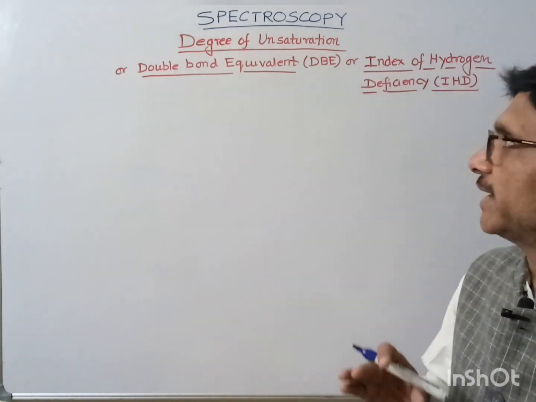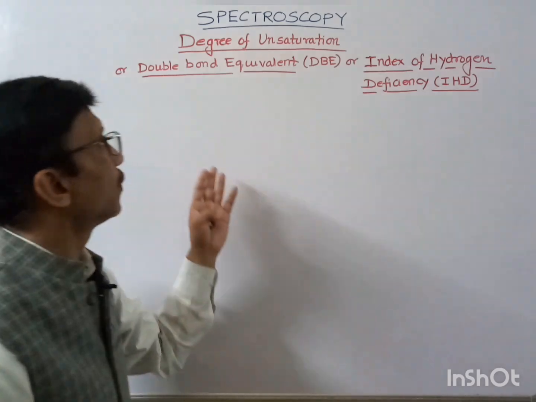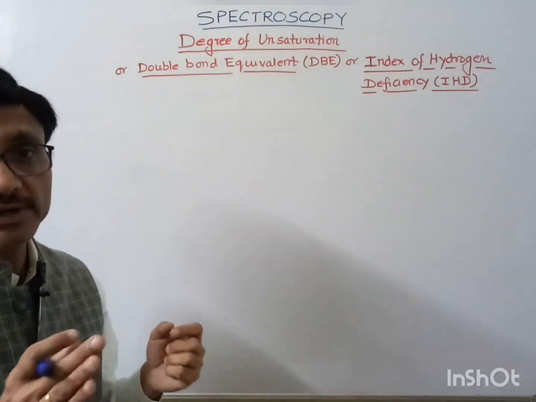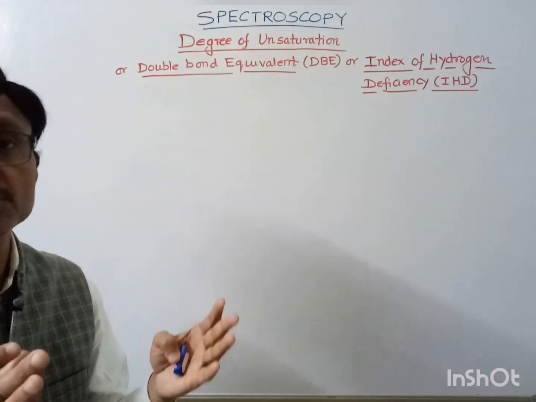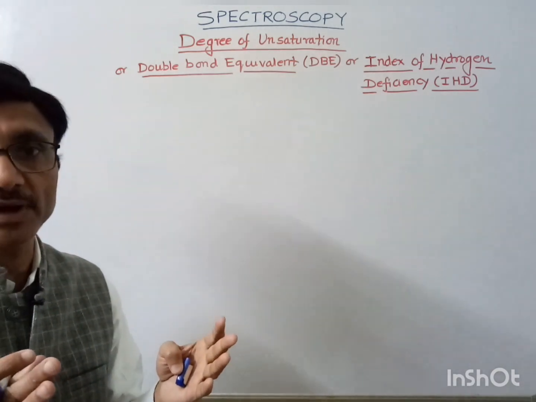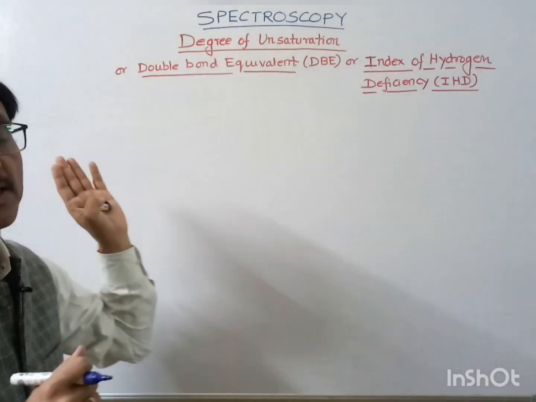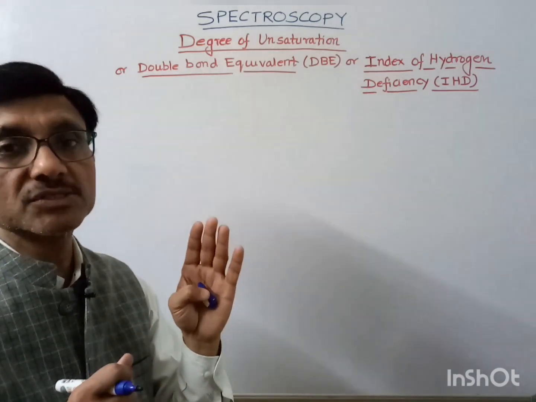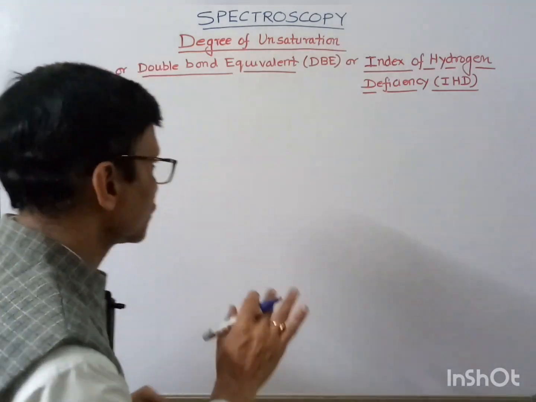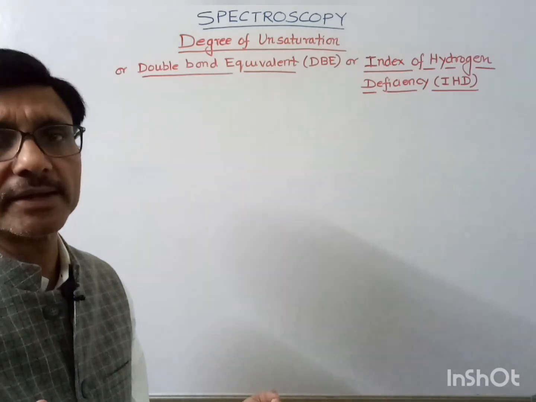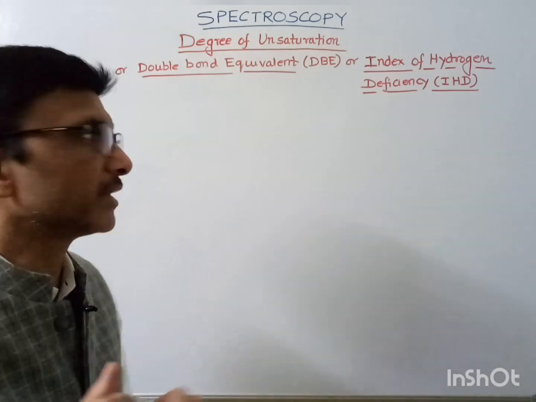This index of hydrogen deficiency or degree of unsaturation is the first step to determine the molecular structure of any unknown compound. It gives us a clue to determine the molecular structure. Like in spectroscopy, various spectral data are there, and they give us a clue to determine the molecular structure.